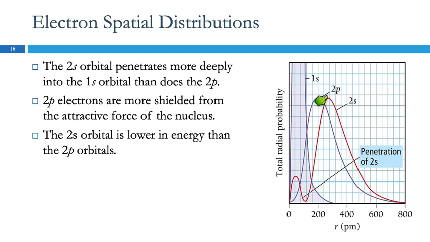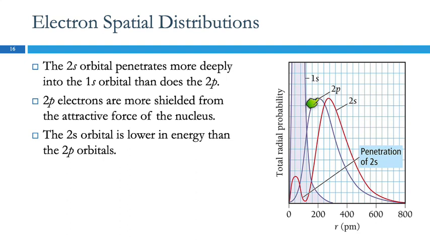The 2s orbital is larger, and so the bulk of it is further out than the 1s orbital. But there is a node in the 2s orbital, and so there's this little bump of probability in here, and that's the penetration of the 2s orbital into the 1s orbital.